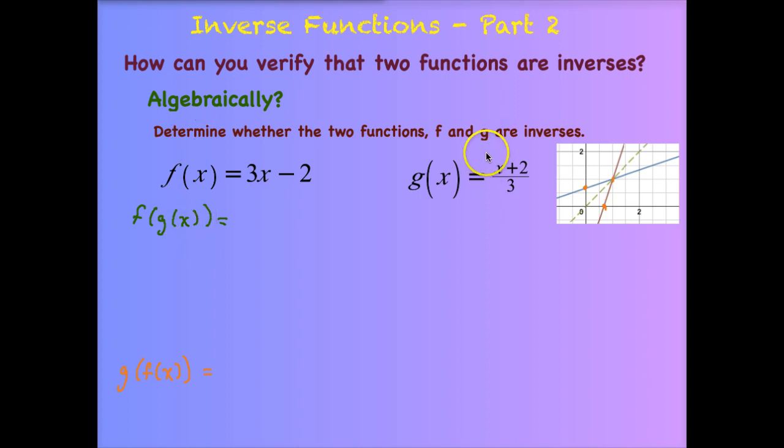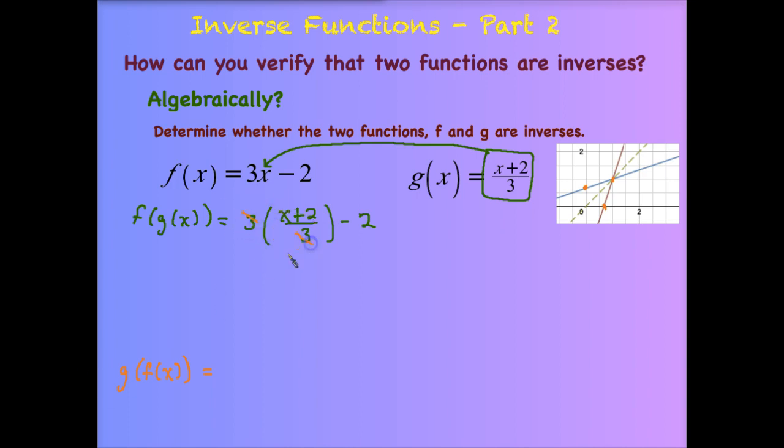If you remember your compositions of functions, we're going to take our g function, x plus 2 over 3, and we're going to take it and plug it in here first into x in our f function. So we would end up with 3 times x plus 2 over 3 minus 2. Let's go ahead and simplify this function.